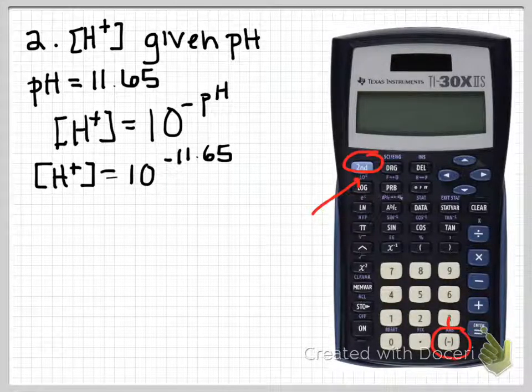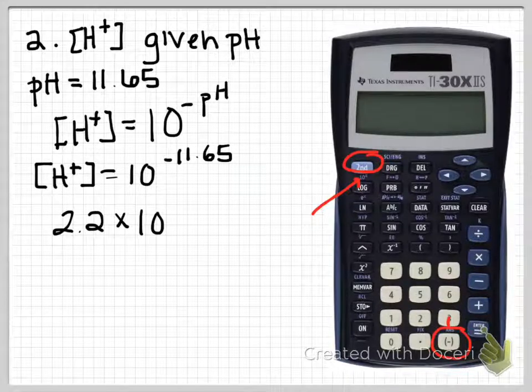And then 11.65. And when you do that, you should get 2.2 times 10 to the minus 12 molar.